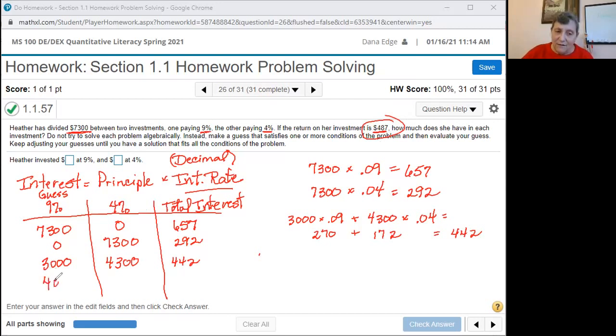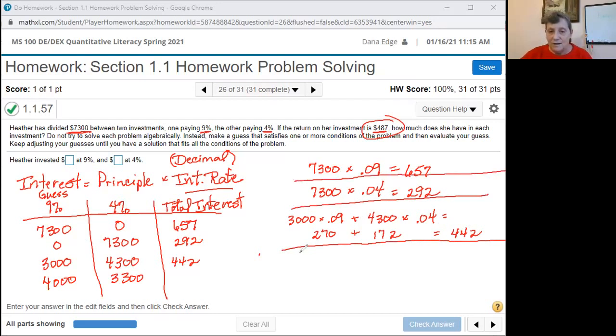So let's try $4,000 at 9%. That would leave how much in the 4% account? If you subtract 4,000 from 7,300, that's going to leave 3,300. Remember, they have to add up to 7,300. So now we've got 4,000 times 9% plus 3,300 at 4%.